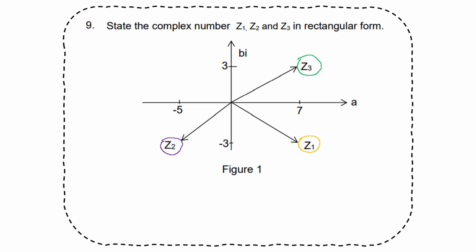So your Z1 will be 7 negative 3i. Z2 will be negative 5 minus 3i. And for the last one, Z3 will be 7 plus 3i.